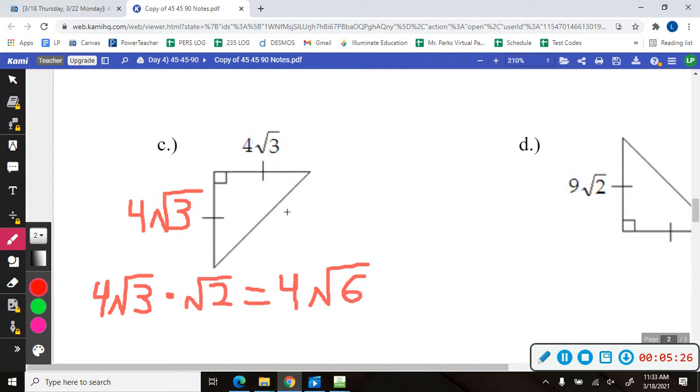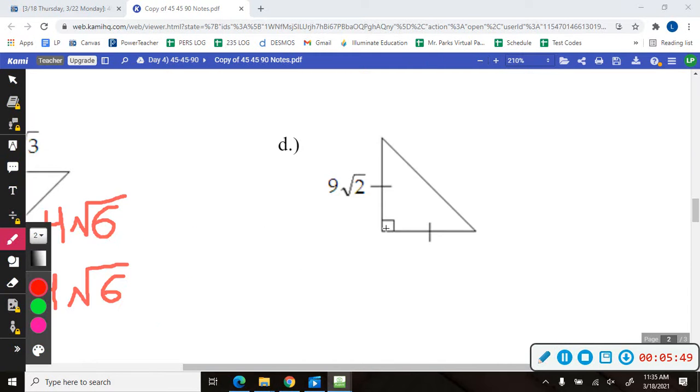So we know this is 4 square root of 6. Now, if you can reduce the radical 6, you should reduce it. You should simplify it. But all that goes into 6 is 2 times 3. There's no pairs, so 6 is reduced. So here is my hypotenuse, 4 square root of 6.